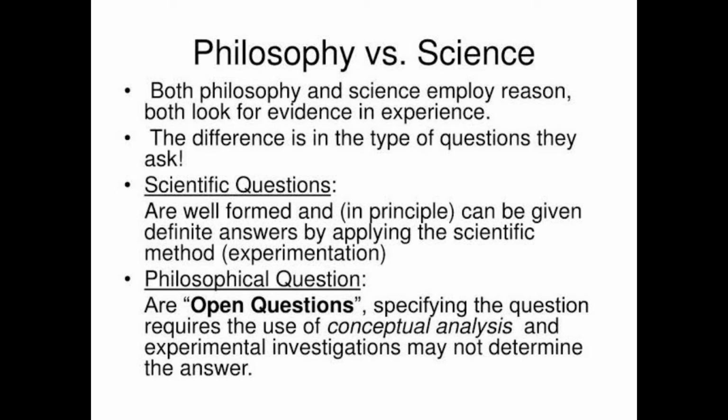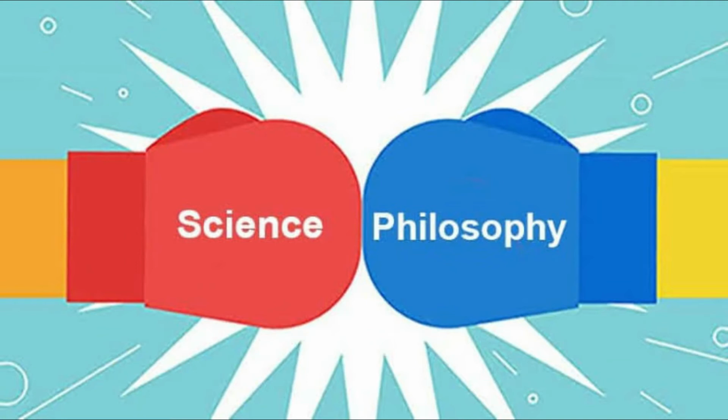Specifying the question requires the use of conceptual analysis, and experimental investigation may not determine the answer. The main difference between science and philosophy is that science deals with hypothesis testing based on factual data, whereas philosophy deals with logical analysis based on reason.